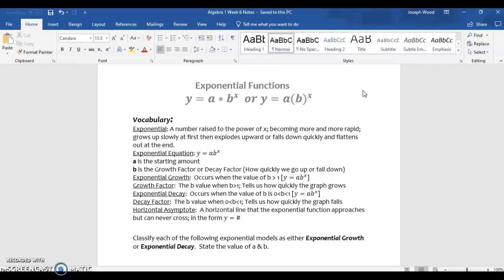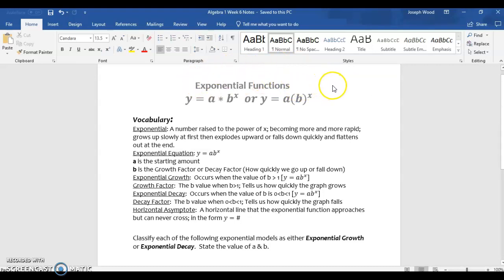Then we spent a big chunk talking about quadratic functions as well, and that's what we've just finished up, talking about parabolas. Those were the first 2 major functions that we studied. And that brings us to today, our third and final function called exponential functions.